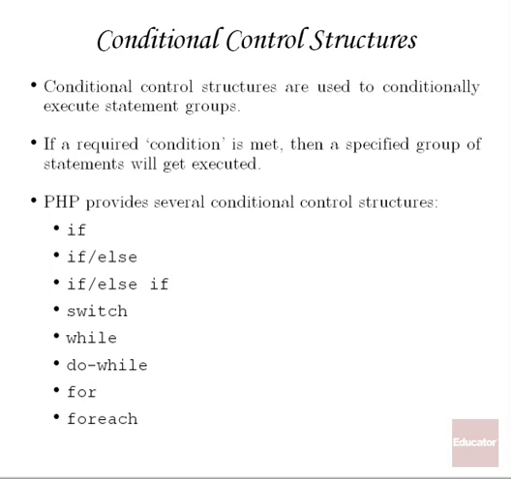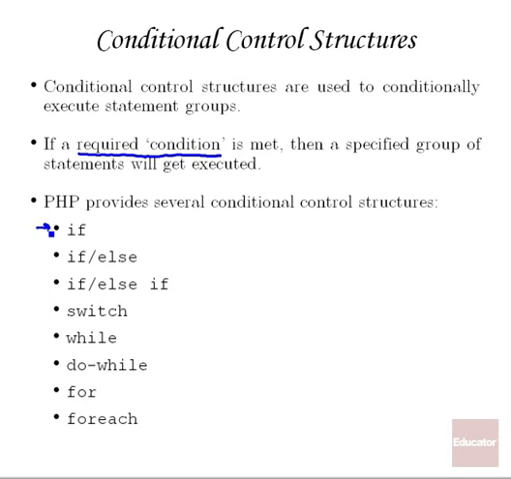Now, conditional control structures provide the ability to execute statement groups on a conditional basis. Basically what they do is they test a condition, and if the condition is met, then a particular statement group is executed. For example, PHP provides a number of different control structures.